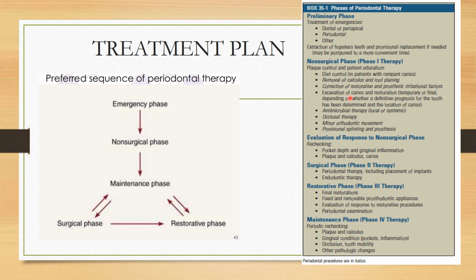Then you have to re-evaluate the patient after 2 weeks for inflammation. Then if indicated, the patient should be referred for the surgical phase. And if any restorative phase is needed, you have to refer for phase 3, and then again come to the maintenance phase.